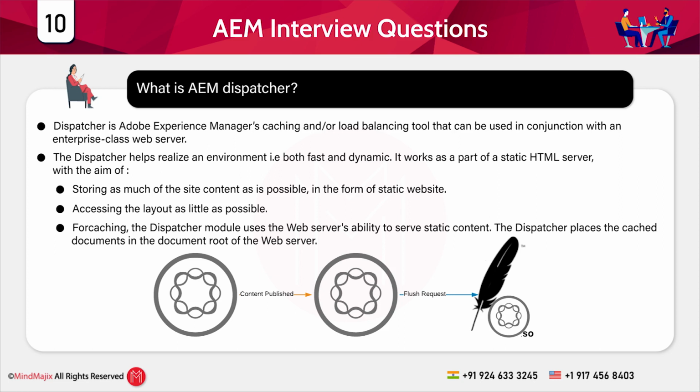The dispatcher places the cached documents in the document root of the web server. So the basic thing is it is used for caching. Also, it balances the load. Dispatcher is used for caching and load balancing.